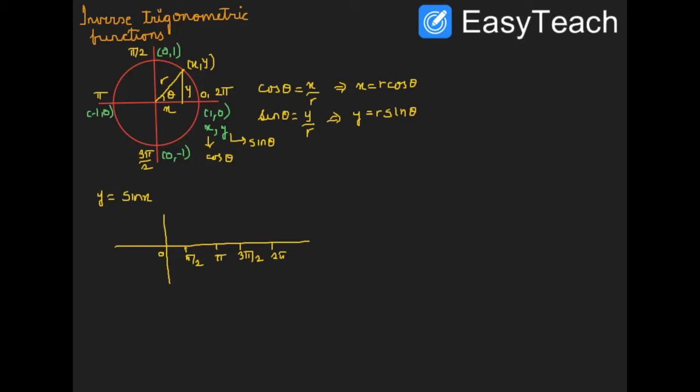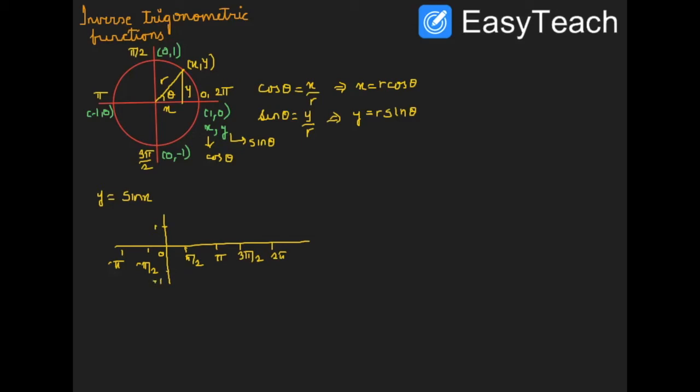The values repeat themselves after 2 pi radians. This side I would take minus pi by 2 and minus pi and so on. You can see here the sine function lies between minus 1 and 1. So does the cos function. So we are taking here a 1 and here a minus 1.